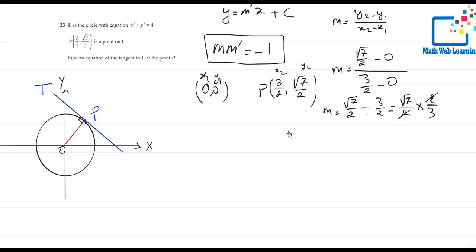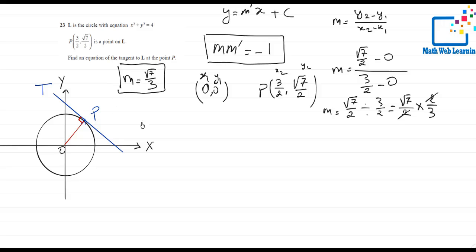So basically the gradient, let's recap. I'm going to write it down here because I think I need more space. All right, m equals root of 7 over 3. That is my m for now.